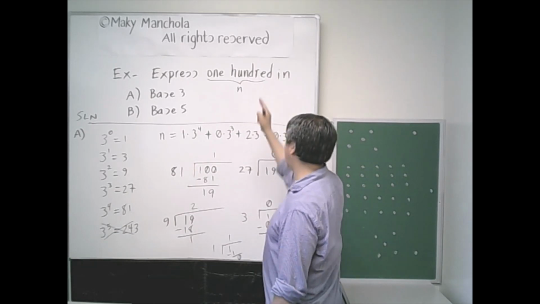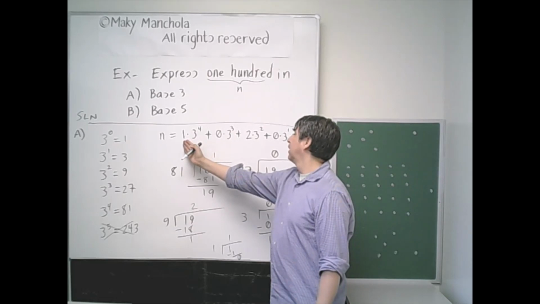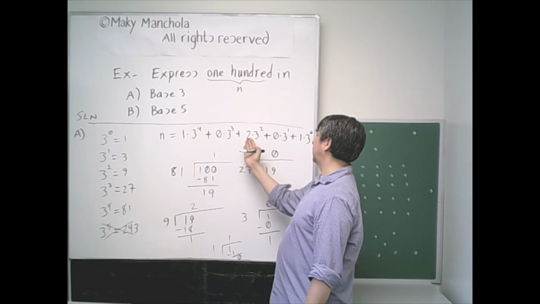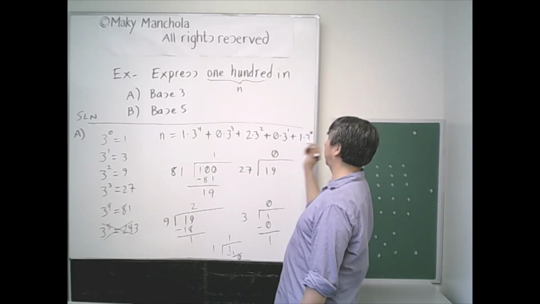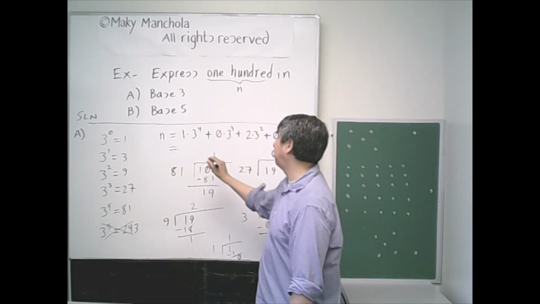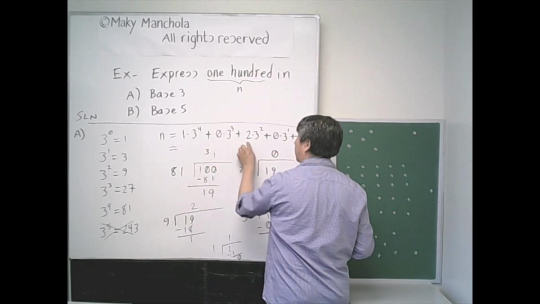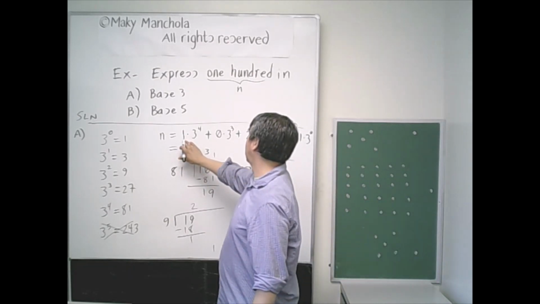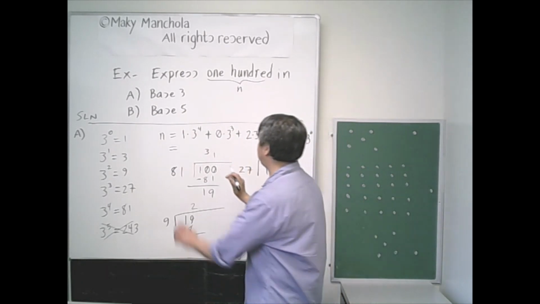Okay, so the number 100 expressed in base 3 is going to be 1 3 to the 4th, and 0 3 to the thirds, and 2 3 squareds, and 0 3 to the firsts, and 1 3 to the zeros. Using our notation for base 3, we'll subscript the 3, and we write all the coefficients that were found for 3 to the fourth, 3 to the third, 3 to the second, 3 to the first, 3 to the 0.